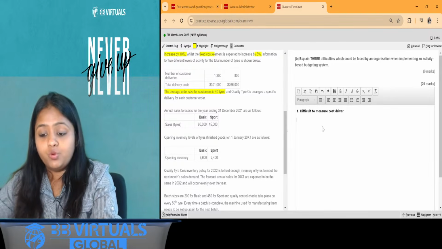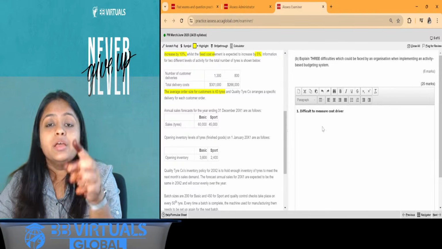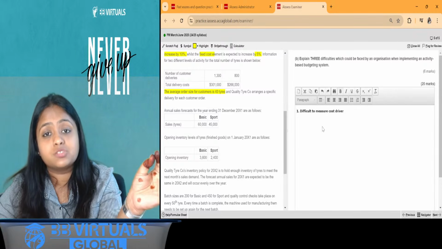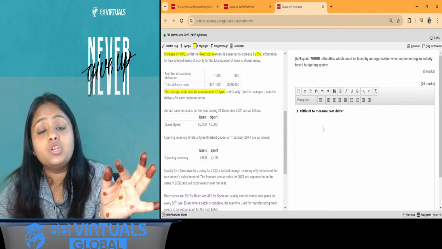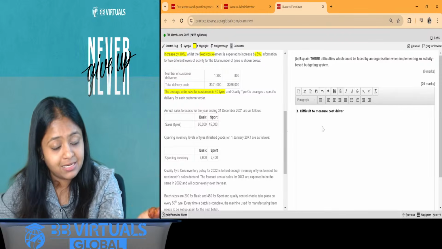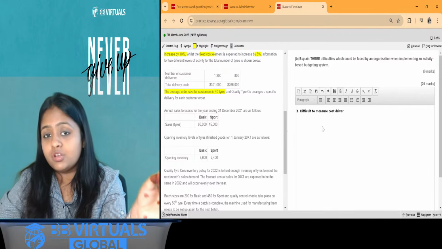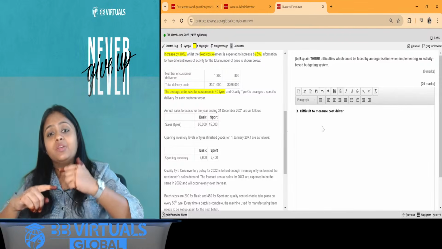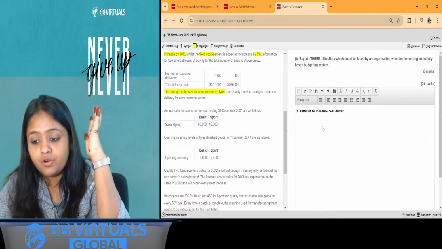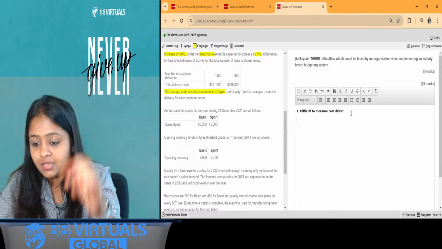However, you will see that in this question, the organization has already implemented activity based costing. So it should not be too much difficult for them to go for activity based budgeting. But the subjective nature of cost driver is very difficult and very time consuming. You will write this. Very good first point. I just need 3 points.